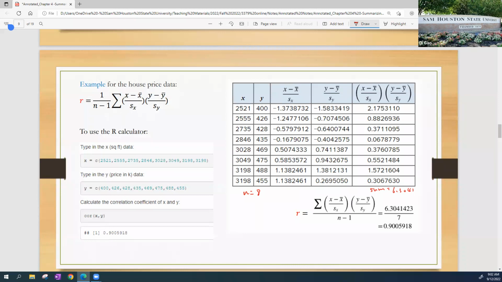Same thing for y: y equals c, open parentheses, and type all the data in, starting from 400, 426, until the last one, 455, close parentheses. When we calculate the correlation coefficient, cor represents the correlation coefficient. So cor, open parentheses, x, comma, y, close parentheses. That's how we tell the calculator to calculate the correlation coefficient. So that is 0.9006.